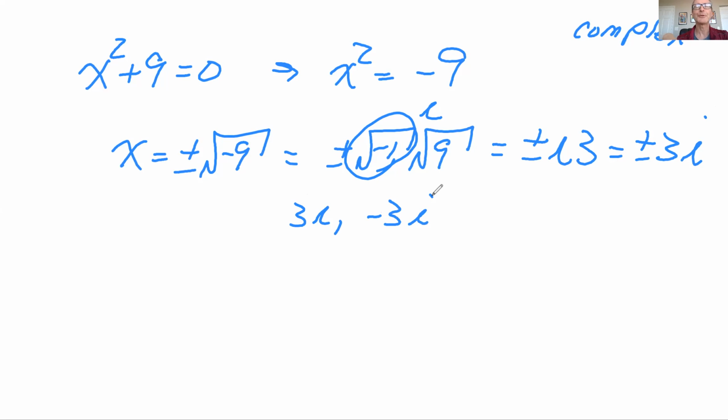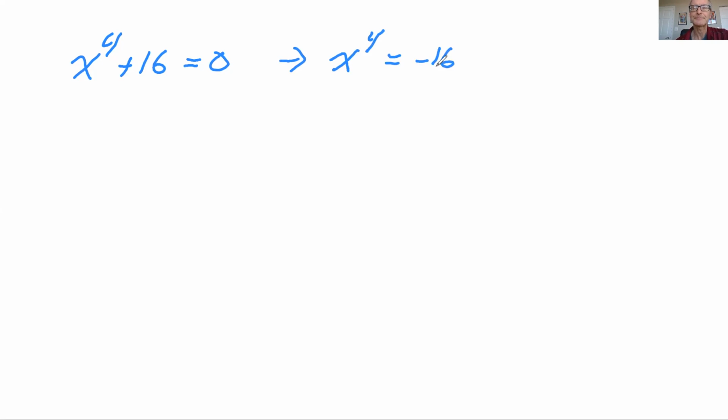But let's do this problem. How about if you had x to the fourth plus 16 equals 0? Well, let's do plus 16, because that's what I have in my notes. And you wanted to calculate x to the fourth equals minus 16. So then how do we do that?